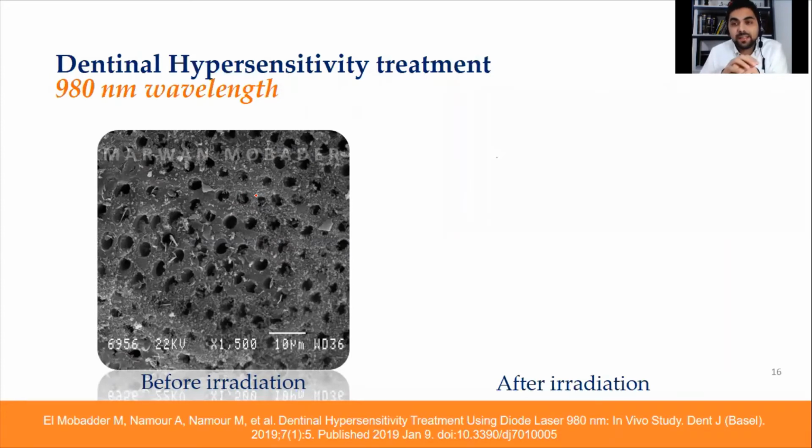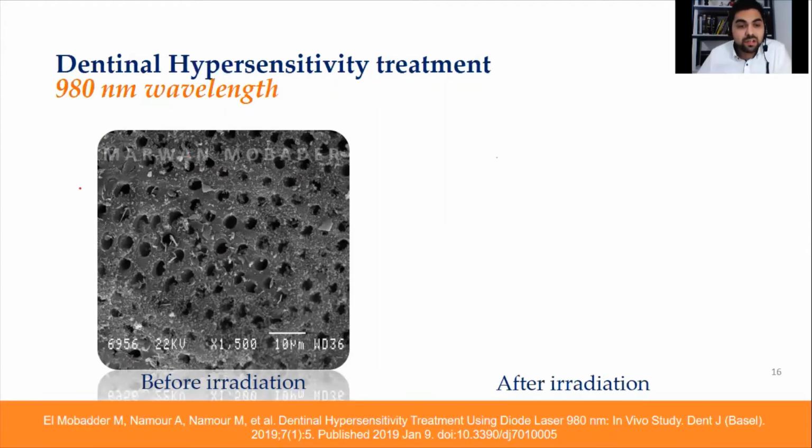We added EDTA for 5 minutes in order to mimic the real cases in the clinic. So now we have open tubules, and according to Brannstrom, these open tubules are causing the dental hypersensitivity. So we applied on these extracted molars this treatment of dental hypersensitivity, and we checked the results.